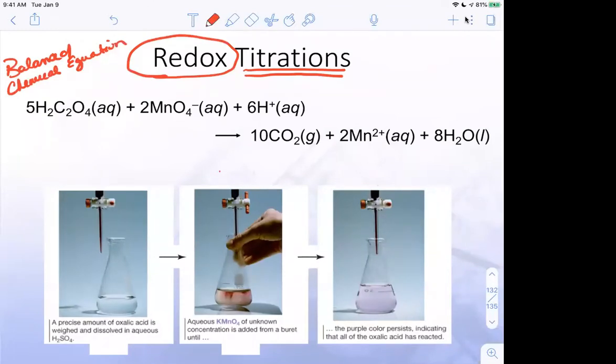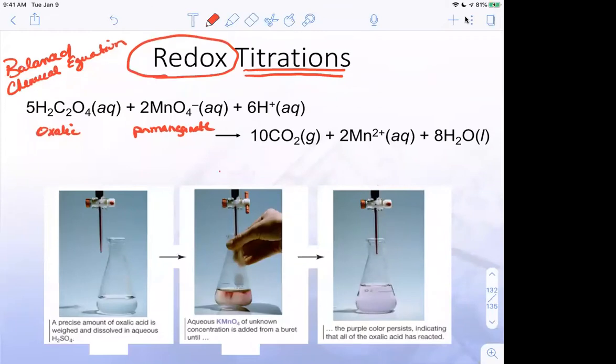But what I'm going to notice is I have oxalic acid and I have permanganate ion. Balancing this is actually pretty tough. You have to go through this entire process because you not only have to balance the elements, but you also have to balance the electrons.